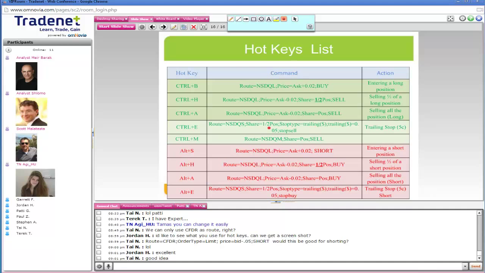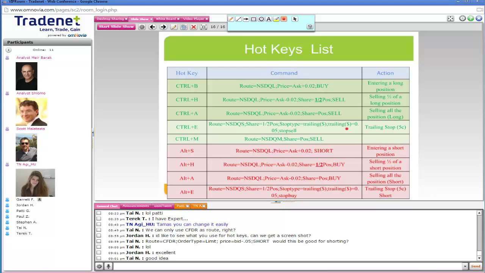Shares equals half position because I want to take a partial. Stop type equals trailing dollar in brackets, and that means that the stop type is trailing, and the trailing is in dollars, everything is in dollars here.